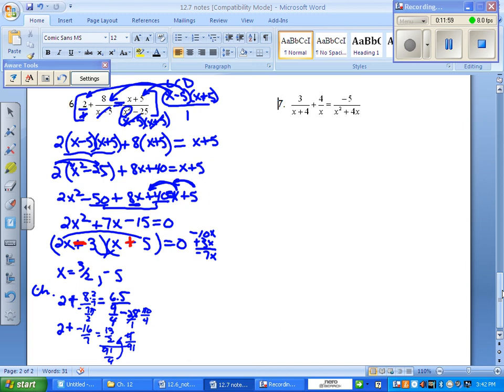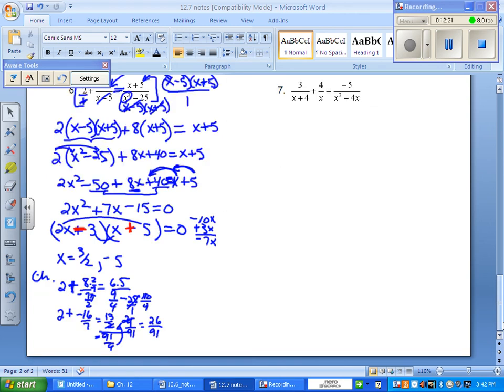And these will cancel. I'll have a 2. That'll be 2 times 13 is 26 over 91. And that is a negative because this was a negative 91/4.